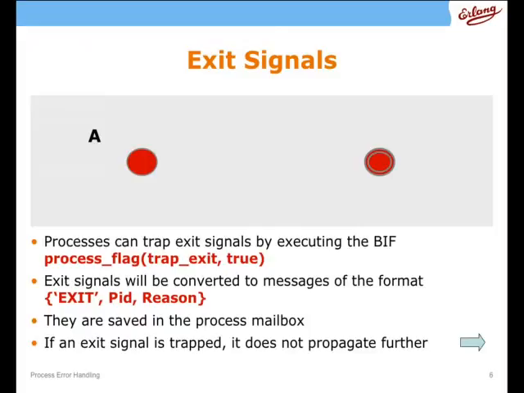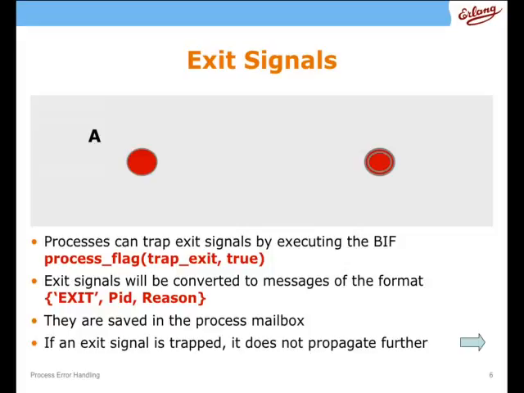Now, we can change that behavior, and the process can execute the BIF called process_flag, which changes a number of flags which govern a process's behavior. But in this case, we call it with the atom trap_exit as first argument and the Boolean true as second. And that means that the process executing that BIF will now be trapping exits.